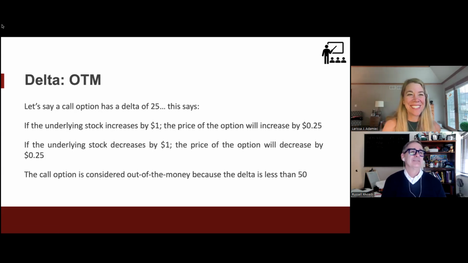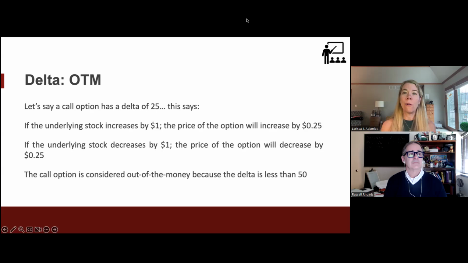Okay, so our deltas that are out of the money. Let's say we have a delta of 25 or 0.25. Again, the two conventions. This would imply that we have an option that is out of the money, and it implies that there is a 25% chance that the option is going to finish in the money.